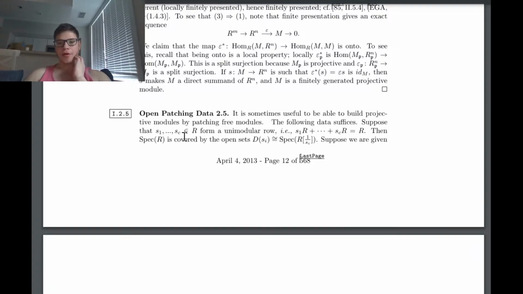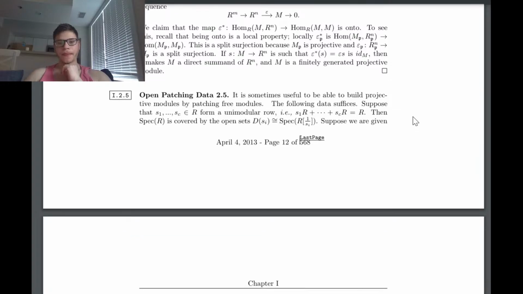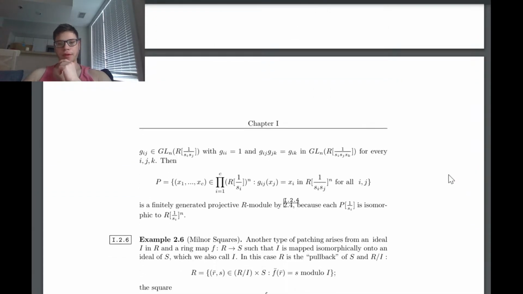Suppose that S1 through SR form a unimodular row, then Spec R is covered by the open sets D(Si). So let's think about why, because, yeah, every prime ideal can't contain all of them, so it is contained in one of these D(Si). And suppose we're given Gij in GLN with Gii equals 1, so 1 on the diagonal, and there's this cocycle condition.